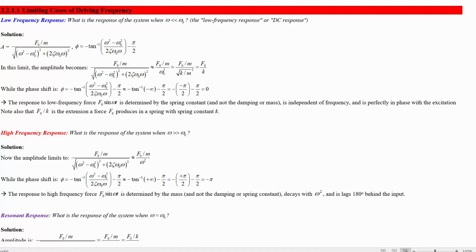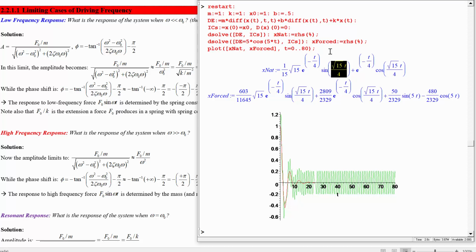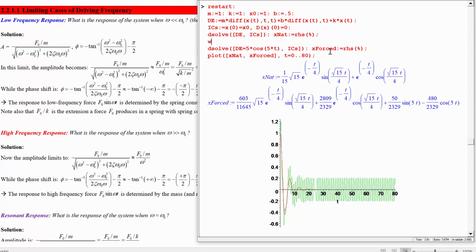So let's check that for this different Maple example we were doing here. First of all, what is omega naught? Omega naught is square root of k over m. And here, let's drive this at, and I guess we've got our f naught as well. F naught is equal to 5, we're saying.